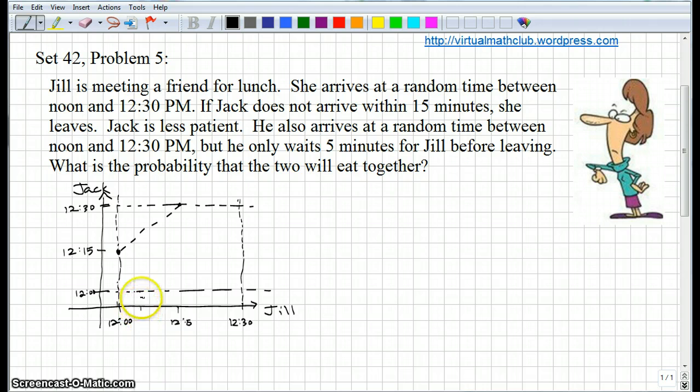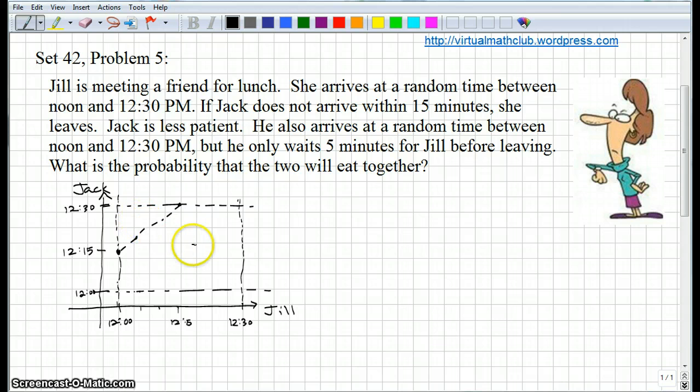Okay, so if that's 12:05, Jill's going to wait for 15 minutes, so he could arrive as late as 12:20. So that should be represented on that line. That should be about 12:20. And again, if she arrived at 12:10, then Jack could arrive as late as 12:25. So that's probably in there too. Okay, so this is the line. This is the latest that Jack could arrive. If he arrives over here in this region, then they won't meet because Jill will have already left.